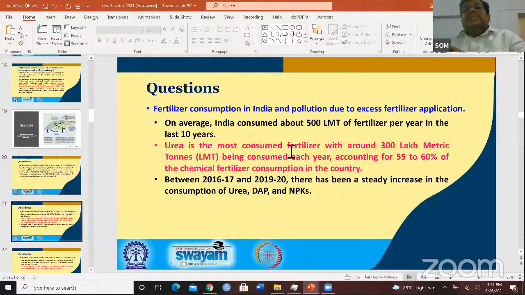Between 2016-17 and 2019-20, there has been a steady increase in the consumption of urea, DAP, and NPKs. DAP is diammonium phosphate, which is a phosphatic fertilizer, and NPK fertilizers are also there. So we can see a steady increase in fertilizer consumption, be it urea, DAP, or different NPK fertilizers in the Indian condition.